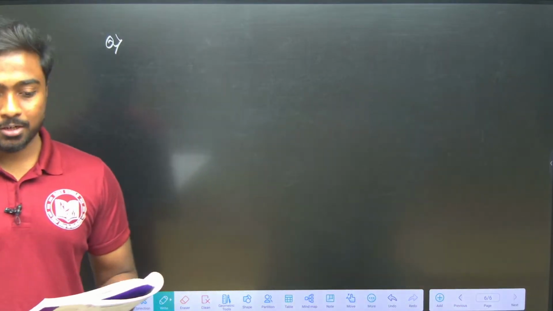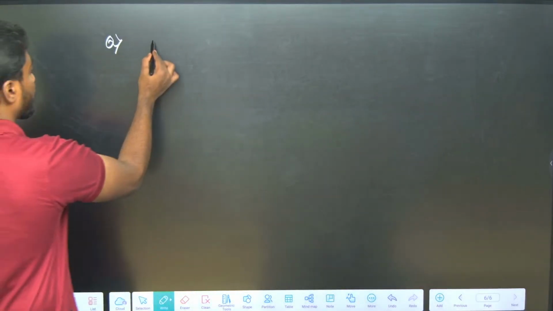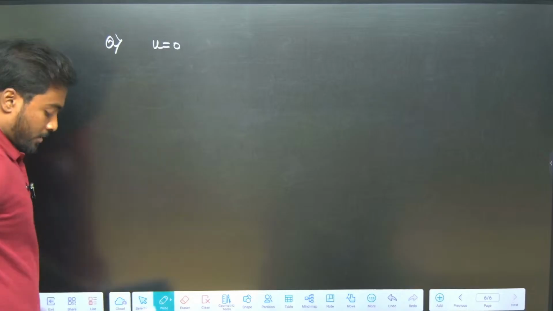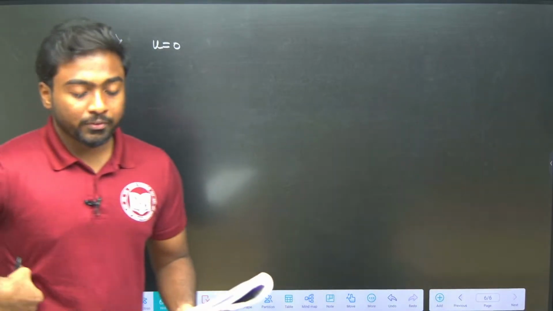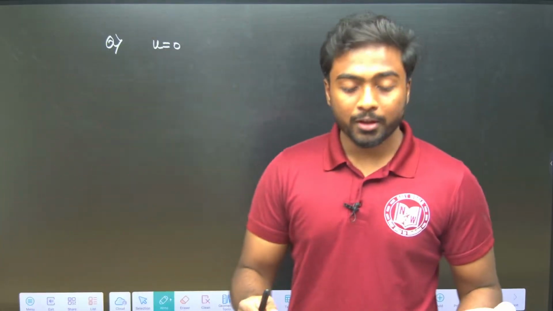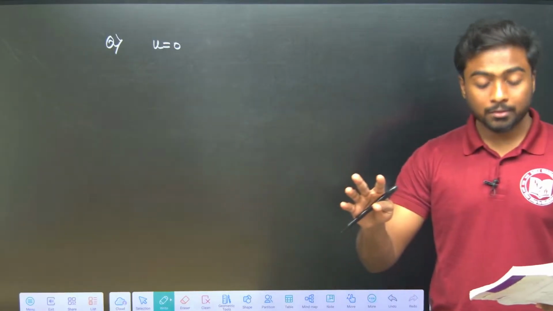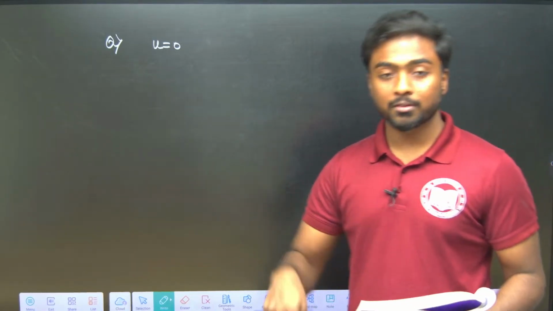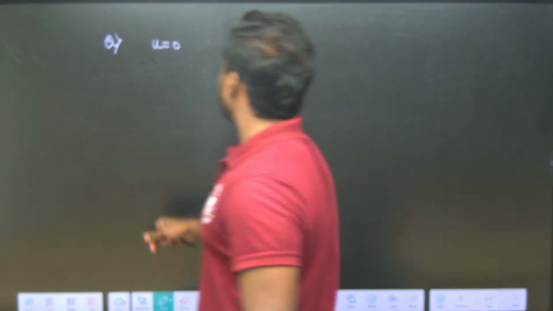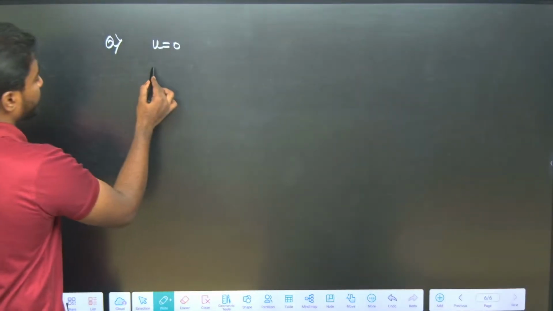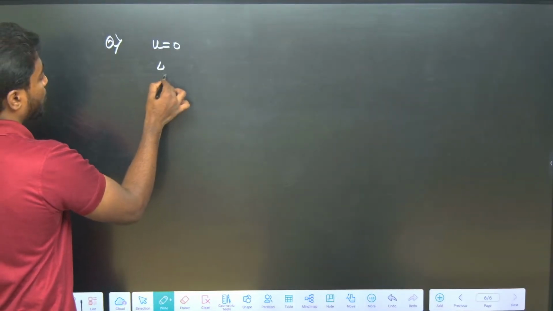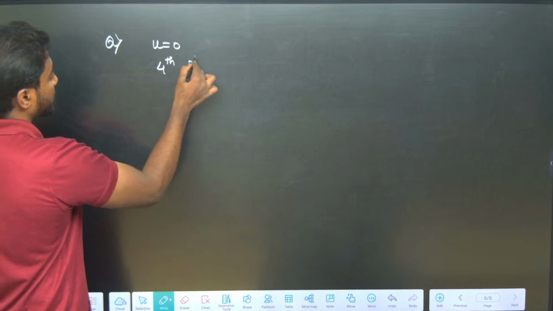The next question is, a body starts from rest. So u will be equals to 0. What is the ratio of the distance travelled by the body during the 4th and 3rd second? They are asking 4th second and 3rd second.